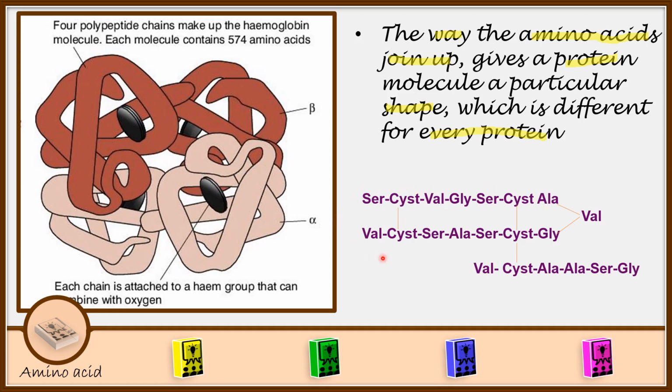For example, if you look at this one here, you will see the way the amino acids are joined together: we have a bond at cysteine, a bond at valine and alanine and glycine, and a bond at cysteine. So it is going to form a protein with its own shape because of the arrangement of the amino acids.